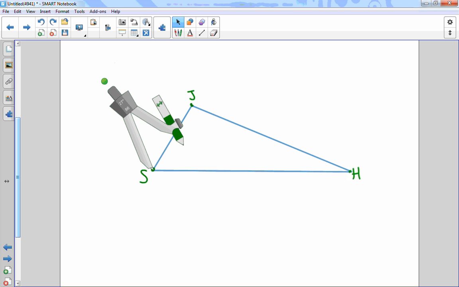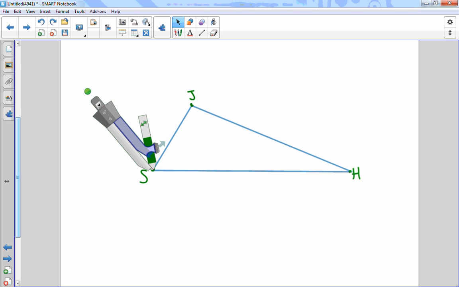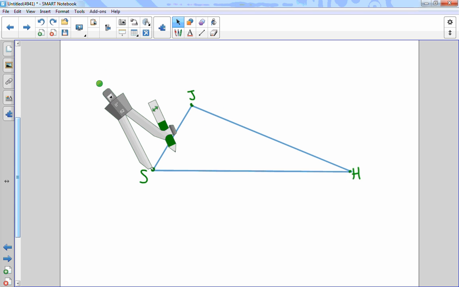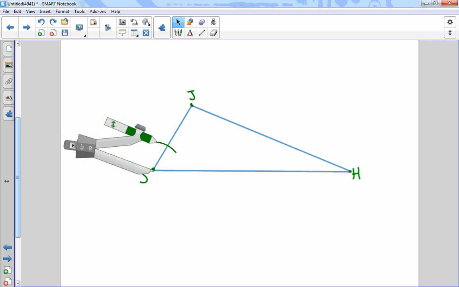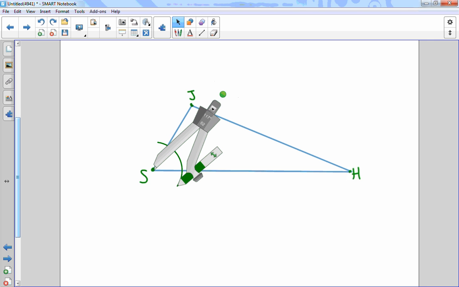Okay, let's start with angle S. So put your sharp point there, your anchor point on the vertex S. Then we don't need this to be super huge or super small. Just a little bit. Just right. It doesn't even have to be halfway on the segment. Make sure it intersects twice. You need to intersect both sides of the angle. Then carefully pick up your compass.